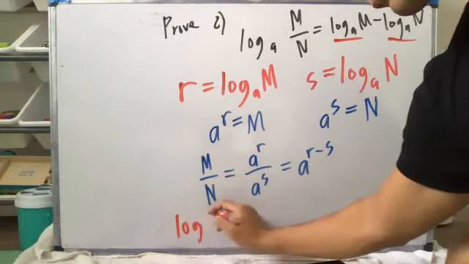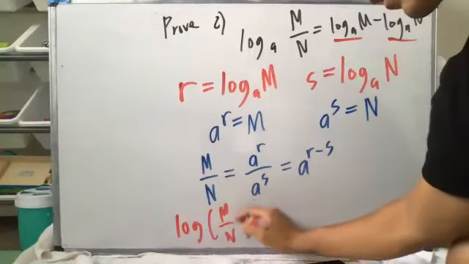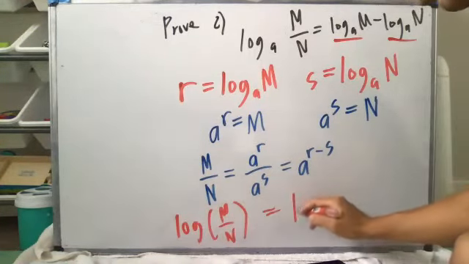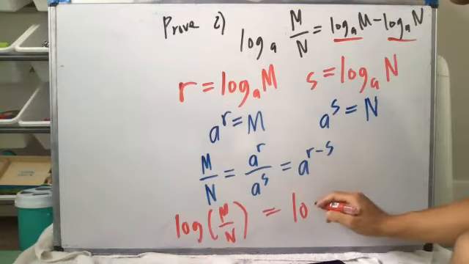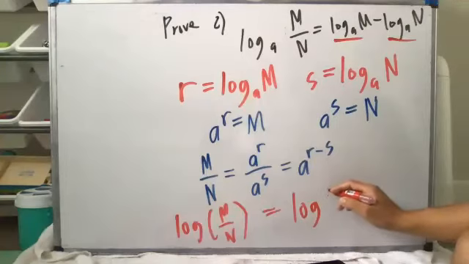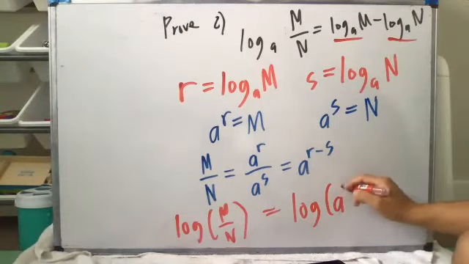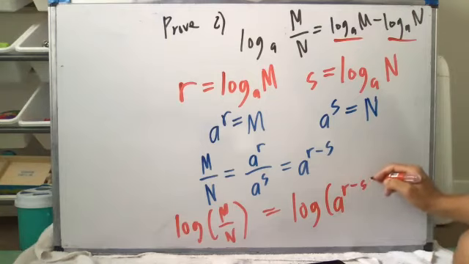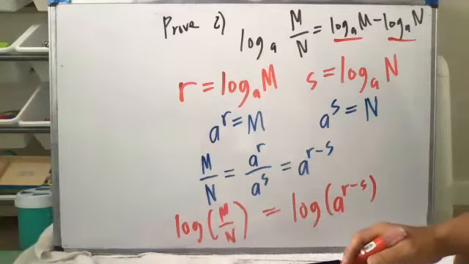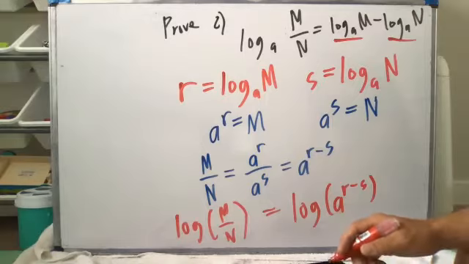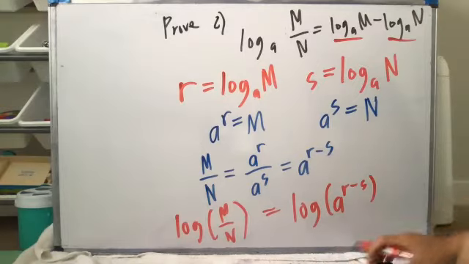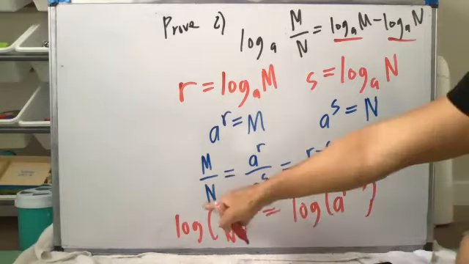So log of m over n is equal to log of a to the r minus s, right? Looking at this left side and this right side.